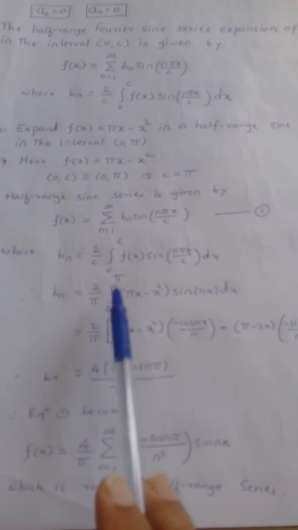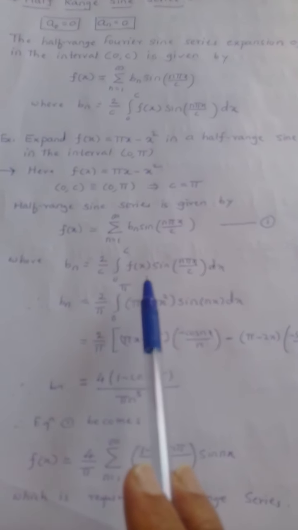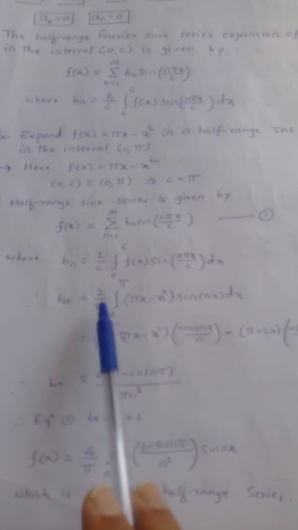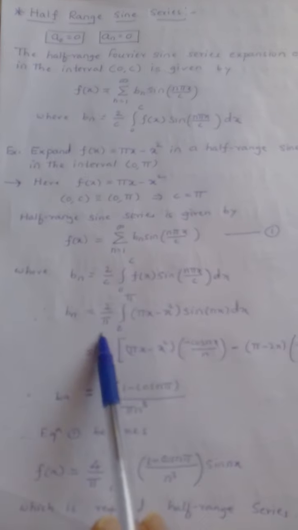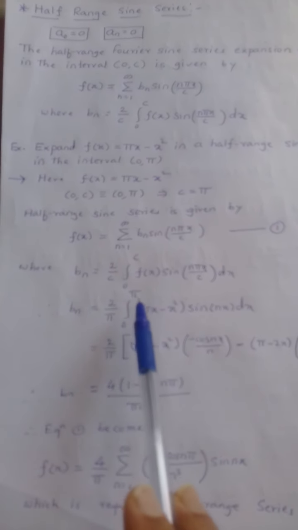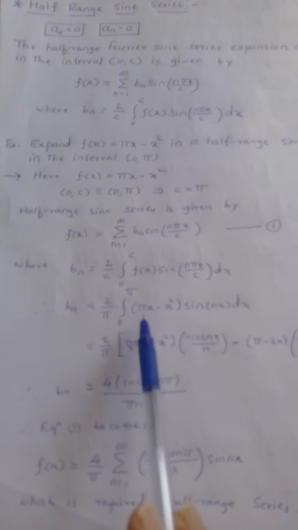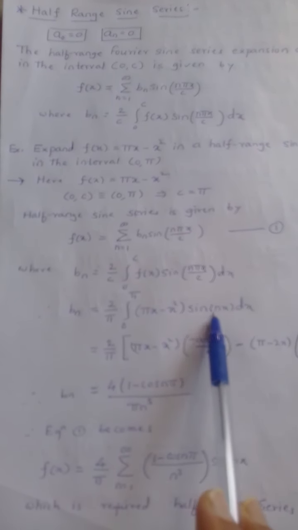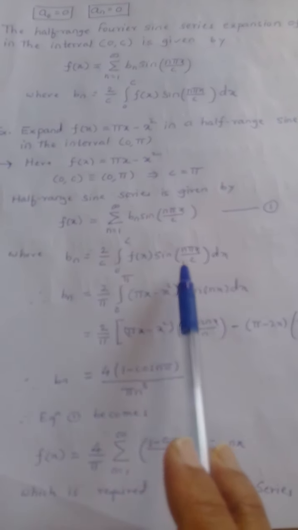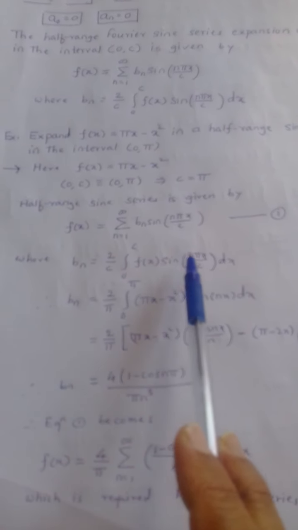Now put the value of c and the value of f of x. Therefore b n equals 2 upon pi integration 0 to pi of pi x minus x square times sine of n x only, because the value of c is pi. Therefore pi gets cancelled, only n x will remain here.